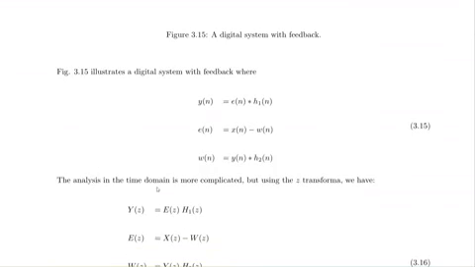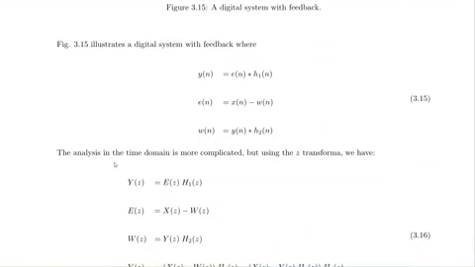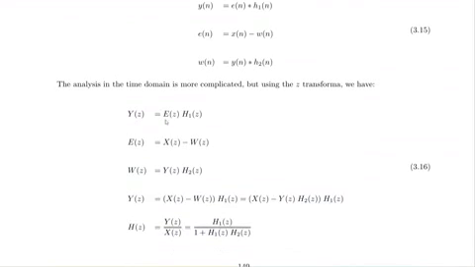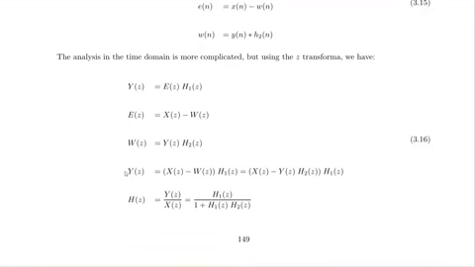The analysis in the time domain is more complicated, but using the Z-transform, we have y of z equal to e of z h1 of z, e of z is x of z minus w of z, and w of z is y of z times h2 of z. So y of z will be x minus w times h1, which will lead to H of z being equal to y of z over x of z, equal to h1 of z over 1 plus h1 of z times h2 of z.